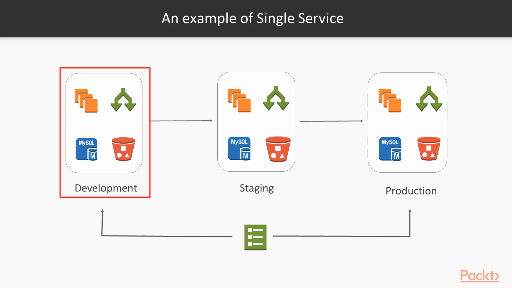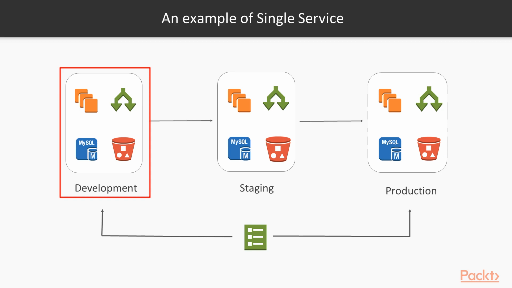Now if you manually create these services, it will take at least a few hours for creating a load balancer, creating auto scaling groups, all of those things, then creating an RDS database, connecting the EC2 instance to the RDS database, and so on. It will take at least a few hours, if not a day, for this environment to be built.